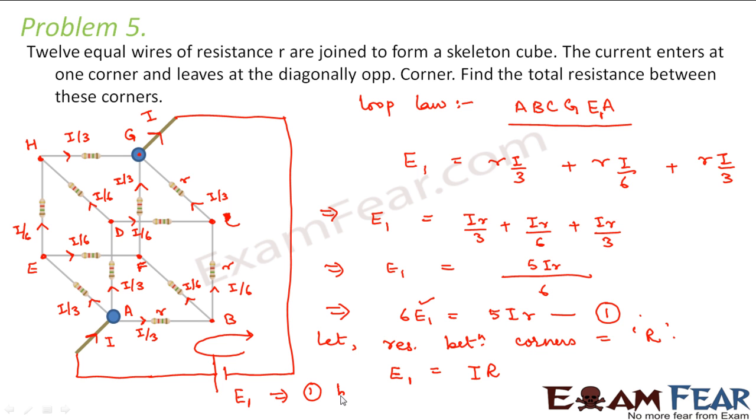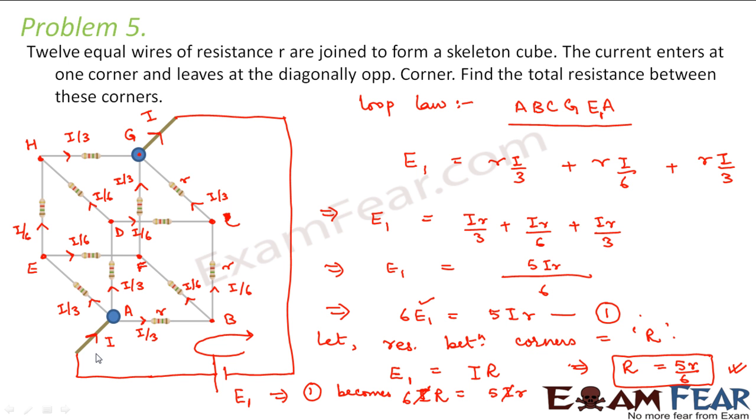Therefore the equation becomes 6IR is equal to 5Ir. So this I and I will get cancelled, and therefore capital R will be equal to 5r by 6. So this is the total resistance between the diagonally opposite corners, and that is what we wanted to calculate.